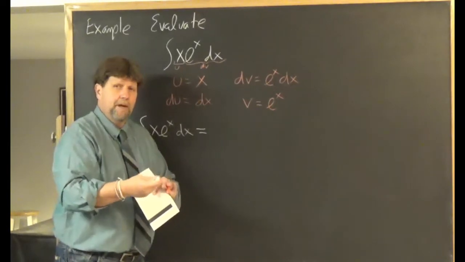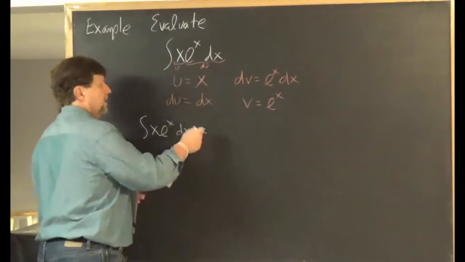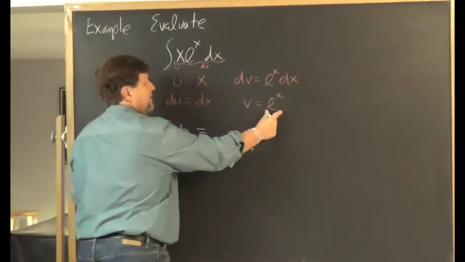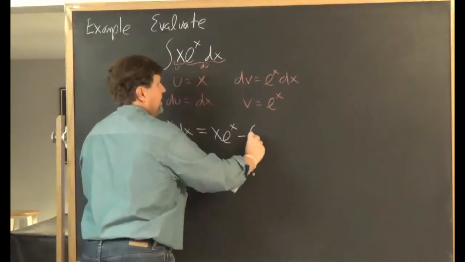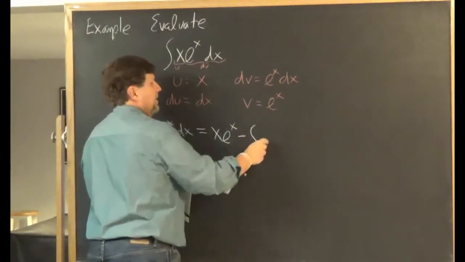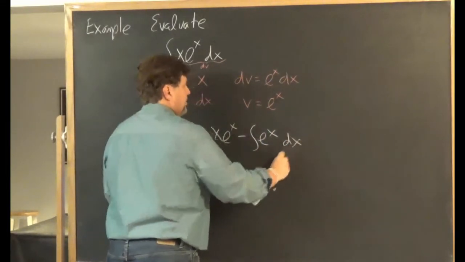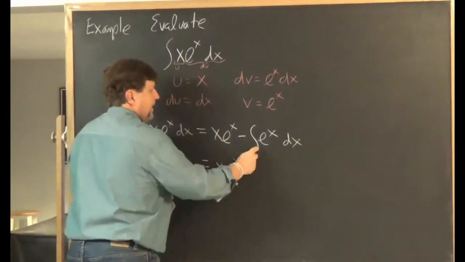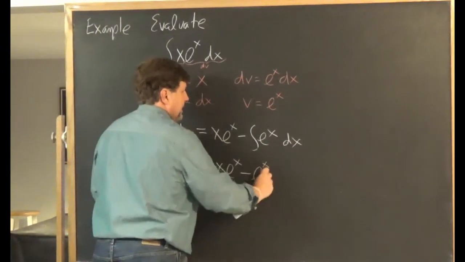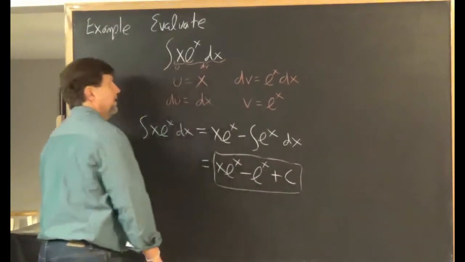So the integration by parts formula is u times v minus the integral of v du. And now it's just one more step. The antiderivative of e to the x is e to the x. Tack on the plus c. That's it.